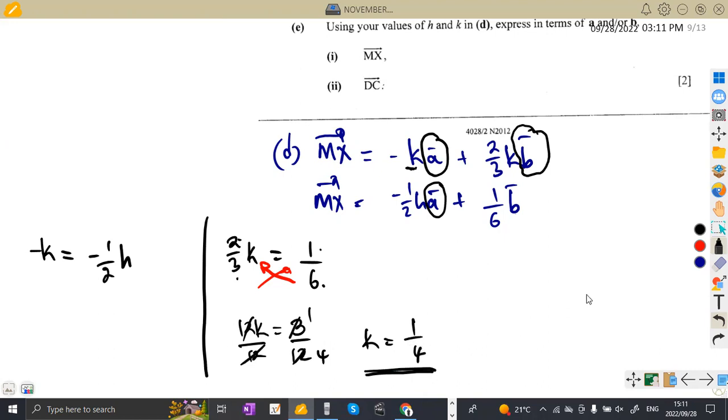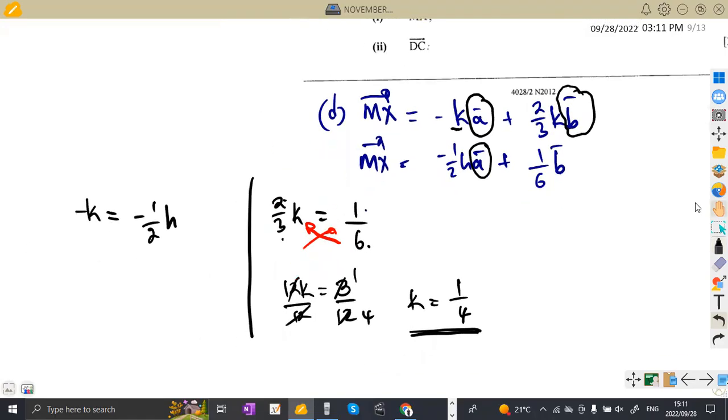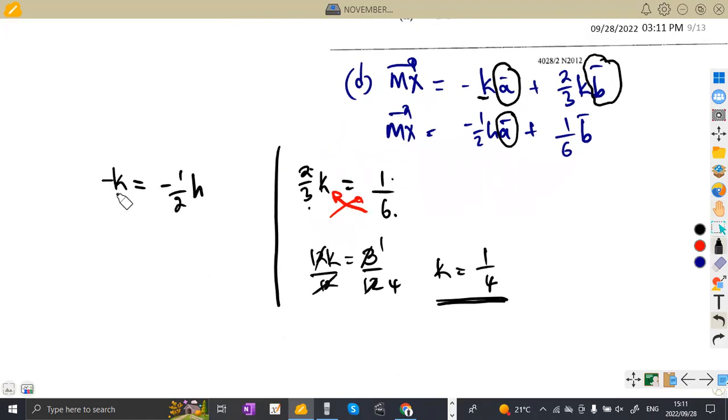And to find h, now I just need to substitute the k that I got here, because here I've got h and k. So minus 1 over 4 is equal to minus 1 over 2h. In place of k, we are substituting 1 over 4. As we did on the previous part, we can also cross multiply to find our h.